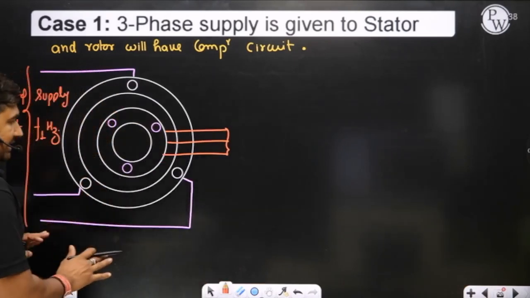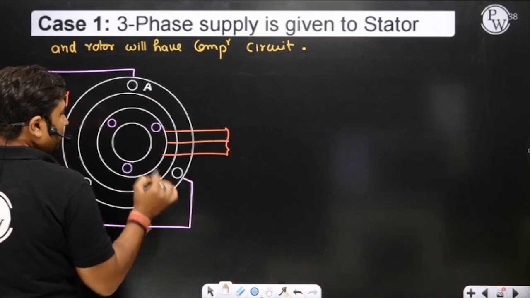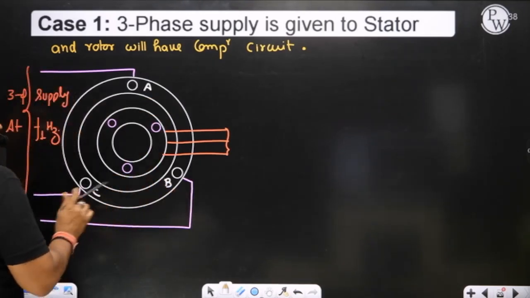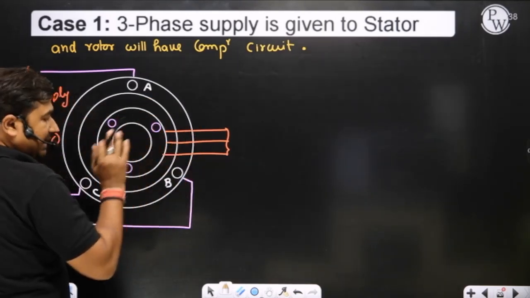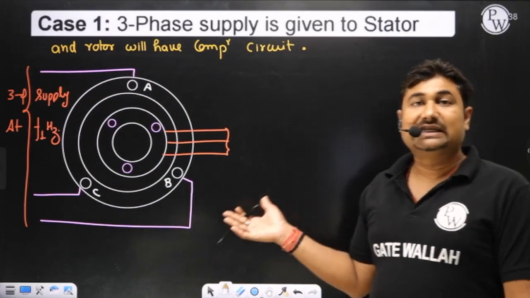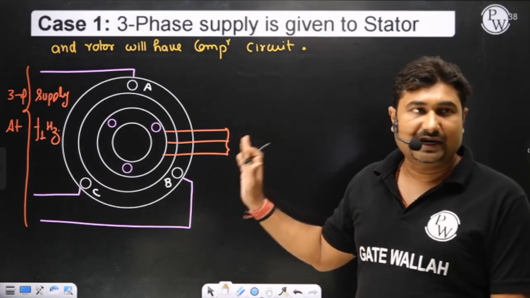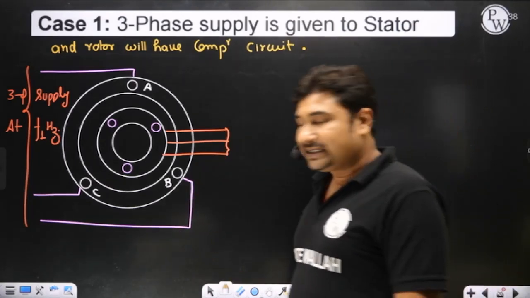We have a 3-phase stator as well as 3-phase rotor also I am considering. So stator is connected with a 3-phase supply and rotor is shorted. It can be a case of a squirrel cage induction motor supplied from the stator. Okay. It can be a case of slip ring induction motor supplied from stator, and rotor will have complete circuit.